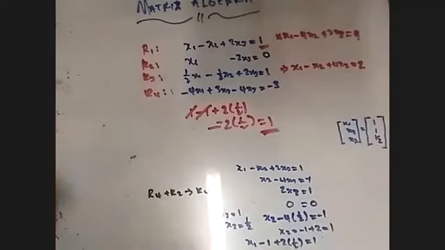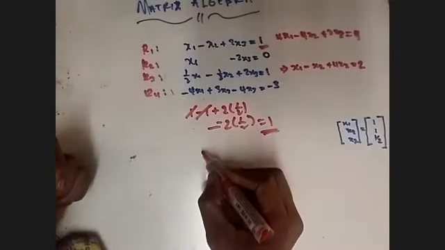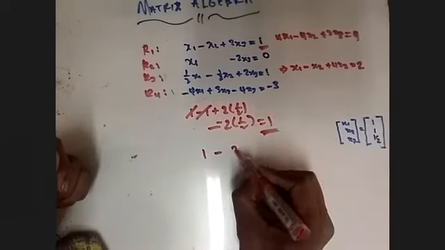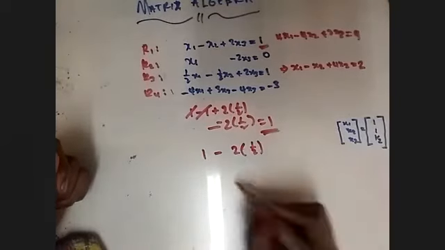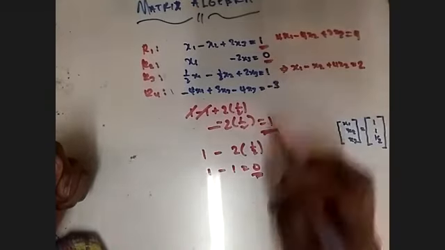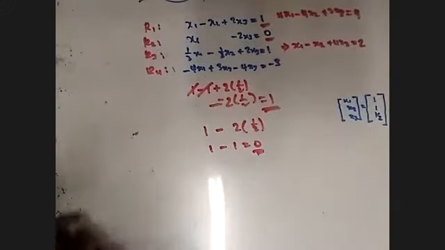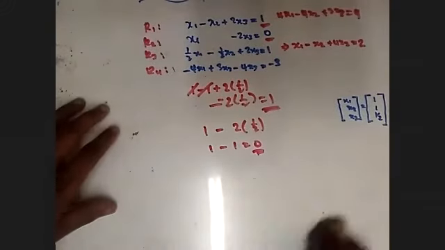If you are not satisfied, let us do it with the second equation. Then I have x1 is 1 minus 2 times 1/2. This should be 0. So it's 1 minus 1, which is 0, and this equals that. Let us check with the third one.